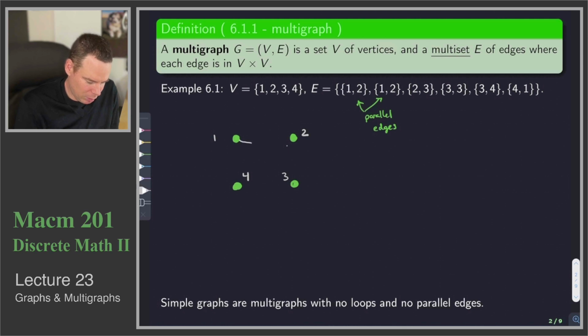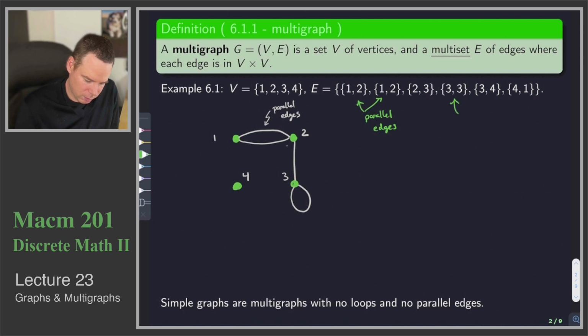And we basically draw them in by drawing one edge from 1 to 2, and then another edge from 1 to 2. So there's our parallel edges drawn. We also have an edge from vertex 2 to vertex 3. We can draw that one in. We also have an edge that goes from 3 to 3. So that's a loop. It starts at 3 and then comes back and returns to 3.